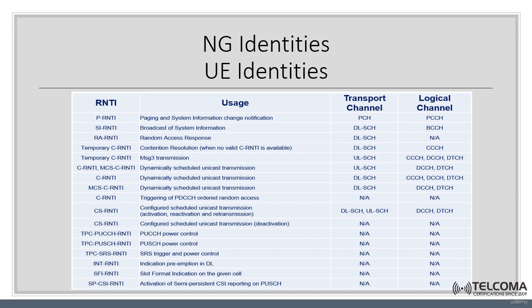We have then the TC-RNTI, which stands for Temporary C-RNTI, which is used mainly during the RACH also. We have then the M-RNTI, which stands for MBMS RNTI.